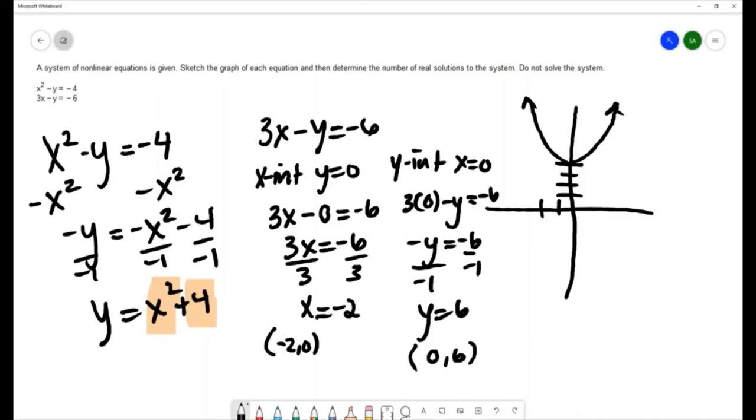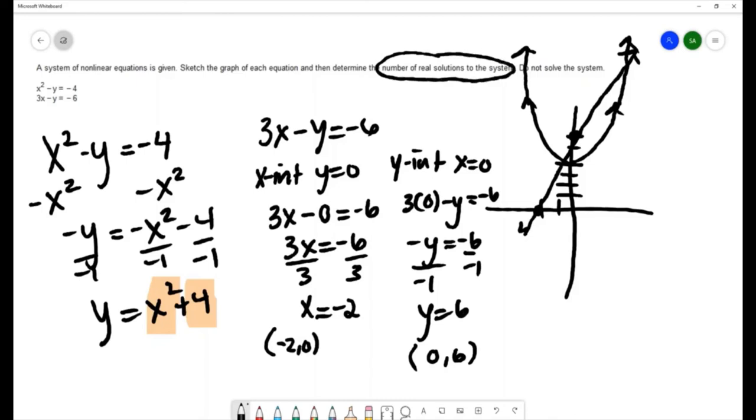I'll plot my x-intercept at -2, 0, and my y-intercept at 6. I'm going to connect those 2 points with a straight line. If I extend this parabola a little bit further, I can answer the question about the number of real solutions in this system. The solutions to a system of equations will be ordered pairs that make each equation true.